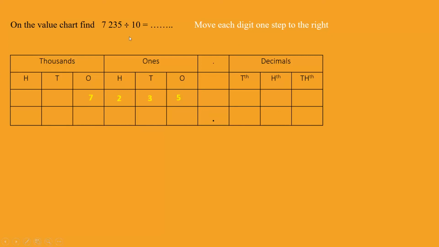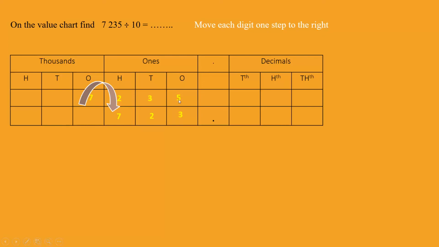In divide, we will move to the right. In divided by 10, we will move the greatest value to the right. Okay, let's move. 7 will be here, and 2, yes, will be here. And 3 will be here.